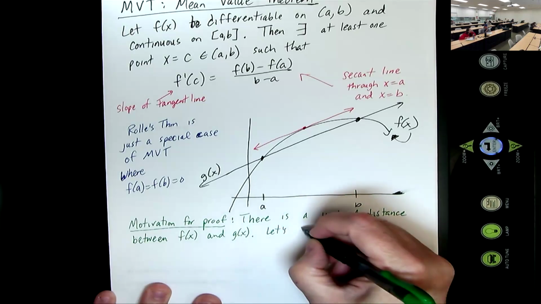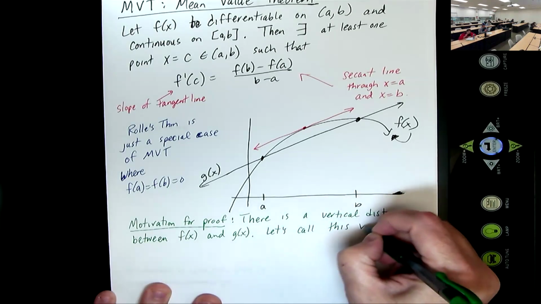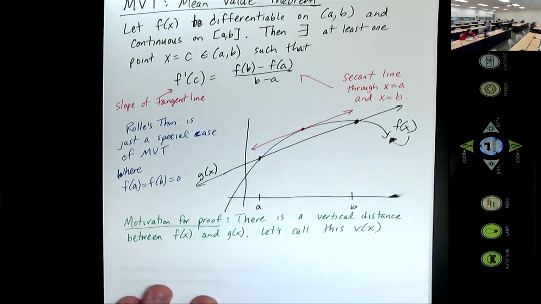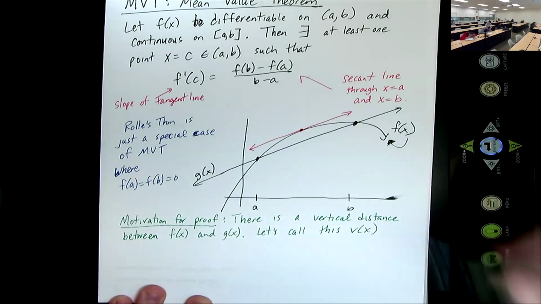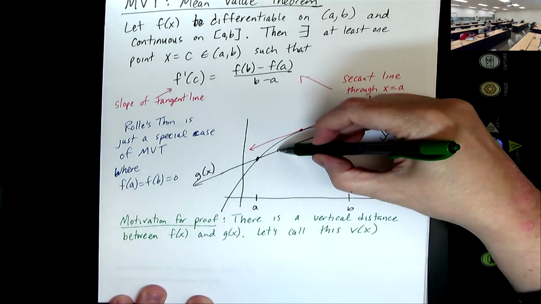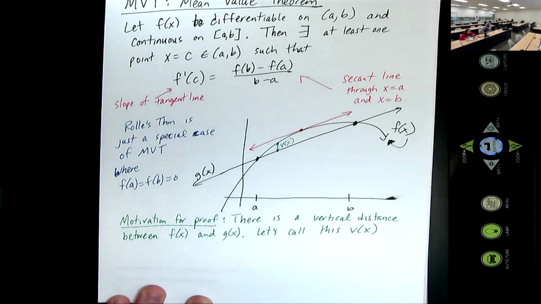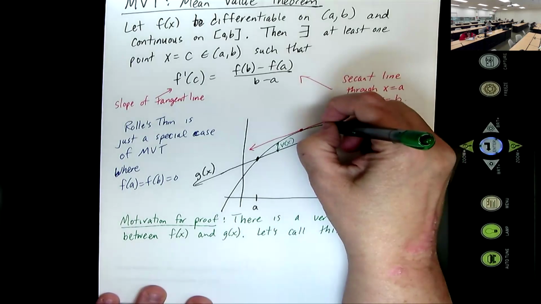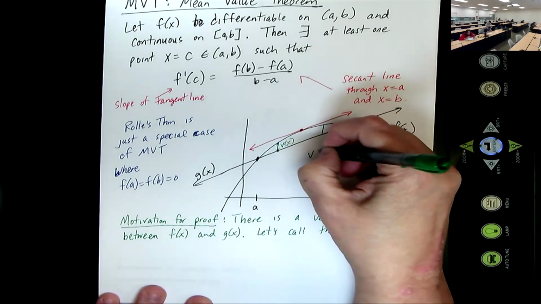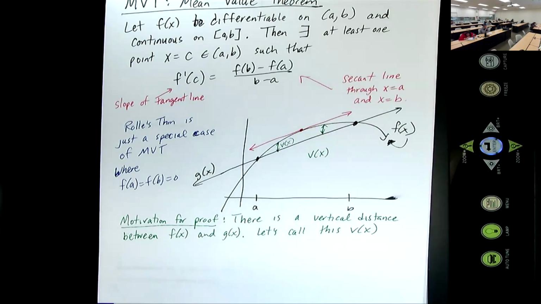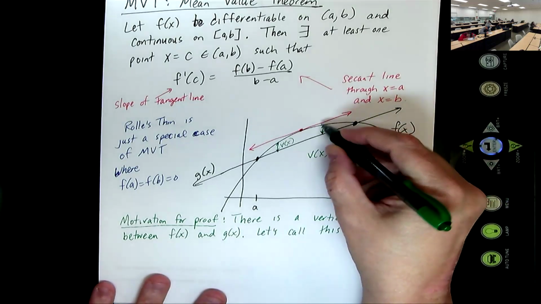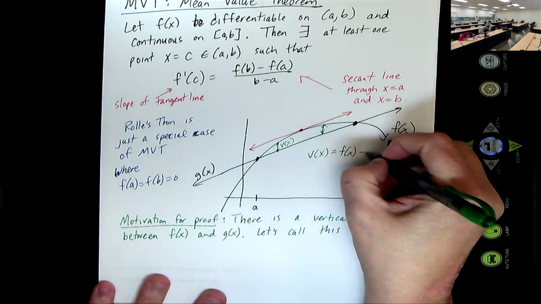Let's call this h of x. So h of x is measuring the vertical distance between these. And to do that, it's simply f of x minus g of x.